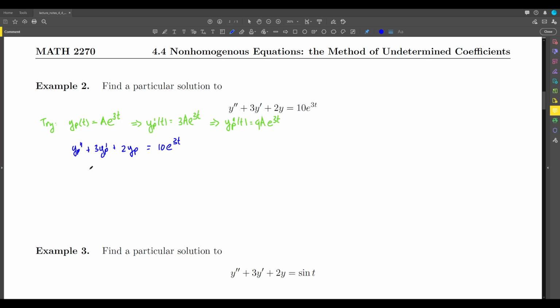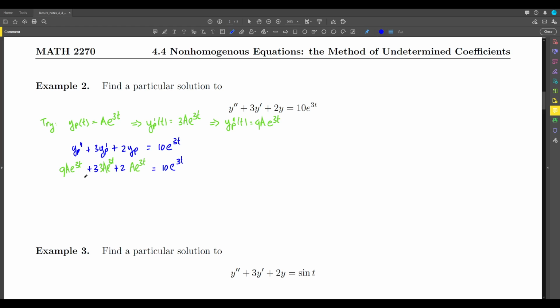So now let's plug that in. yp double prime is 9a e to the power 3t, plus 3 times 3a e to the power 3t, and then plus 2 times a e to the power 3t, and then that must equal 10 e to the power 3t.